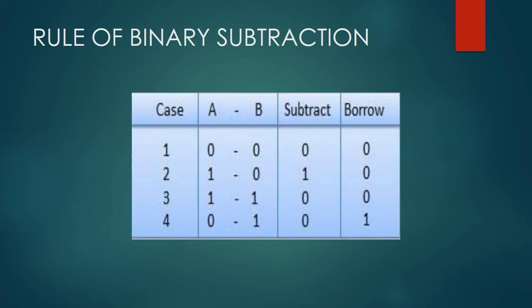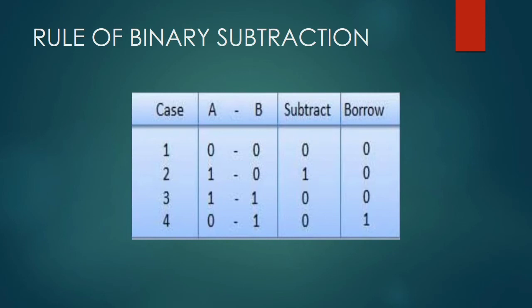Now binary subtraction is here. Binary subtraction is similar to decimal subtraction. There are 4 cases here. 0 minus 0 is 0, 1 minus 0 is 1, 1 minus 1 is 0, and 0 minus 1 is 0, but borrow is 1.